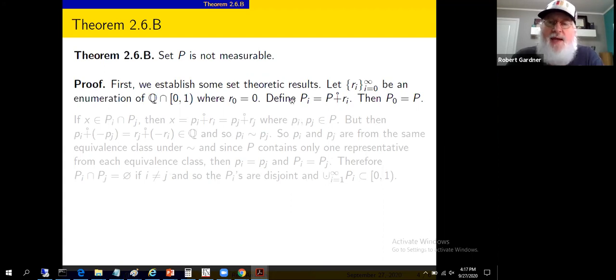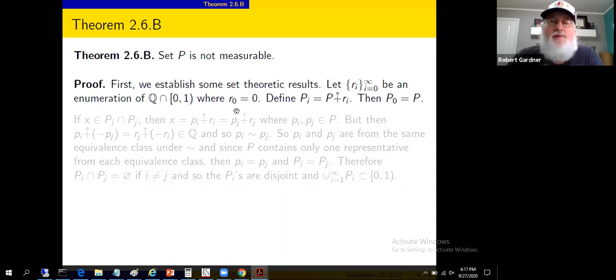First, we need to establish some set theoretic results. How we're going to use set P to create a whole bunch of sets. We're going to partition the interval 0, 1 into some pieces. Let R sub i, i equals 0 to infinity, be an enumeration of the rational numbers in the interval 0 to 1.